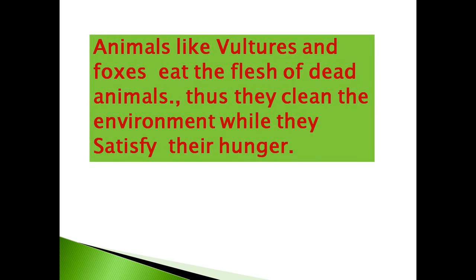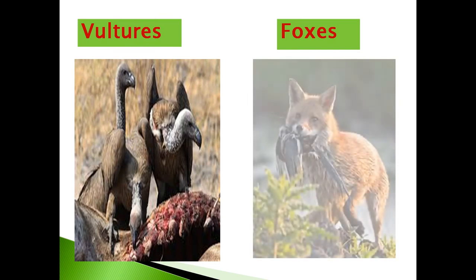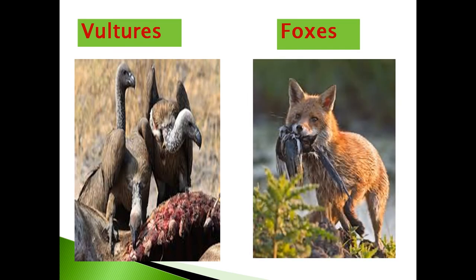Animals like vultures and foxes eat the flesh of dead animals. Thus, they clean the environment while they satisfy their hunger. Students, this is a picture of vultures and foxes. These animals do two things.